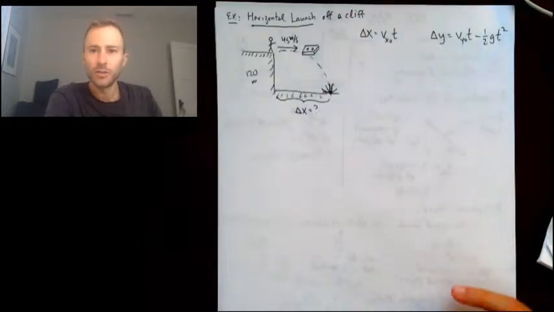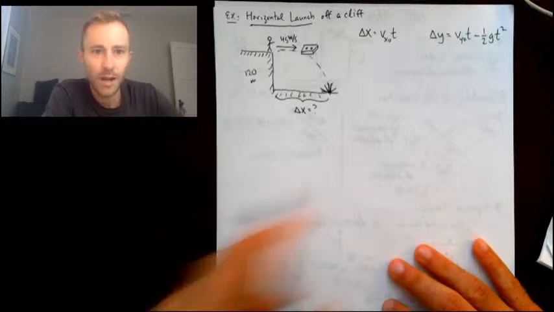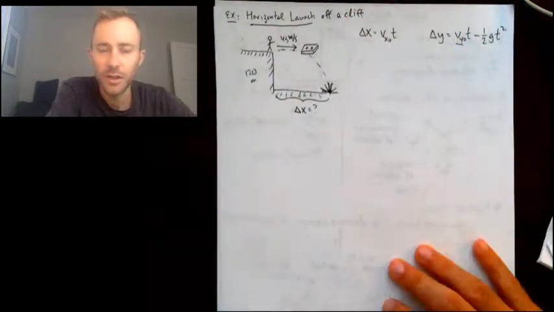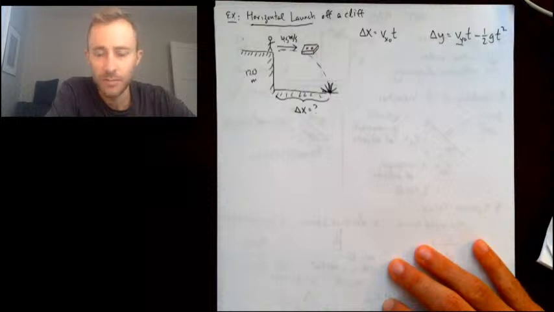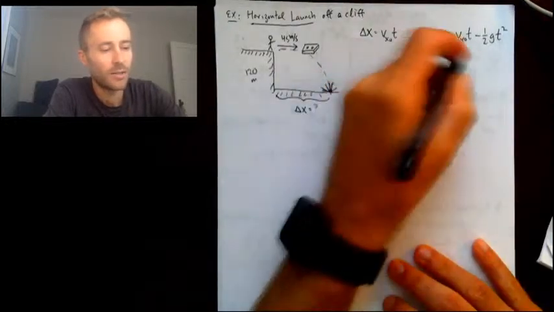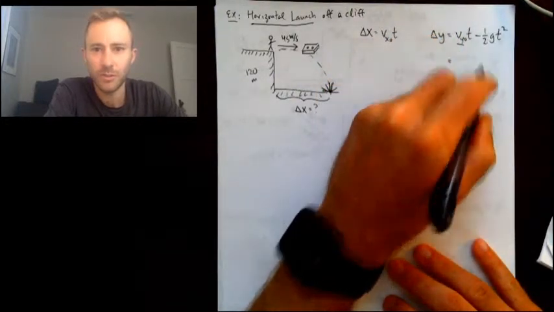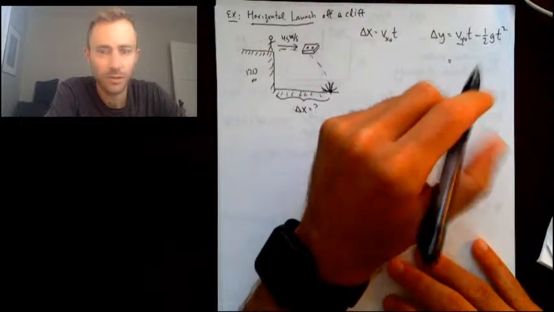Okay? So what is Vy naught in this problem? Well, because it is a horizontal launch, none of the initial velocity is vertical. So Vy naught is 0. All we have is this second term because it was a horizontal launch, not a vertical launch.